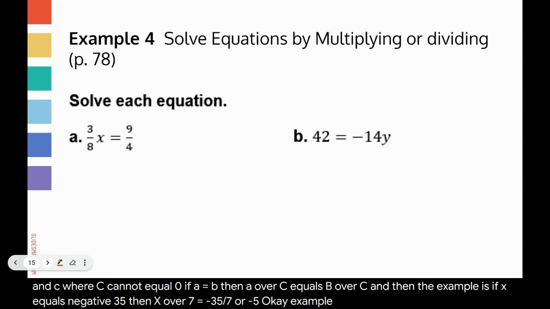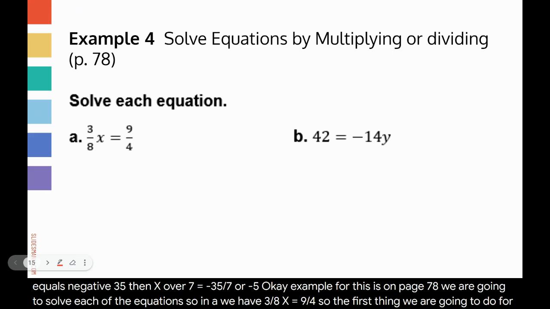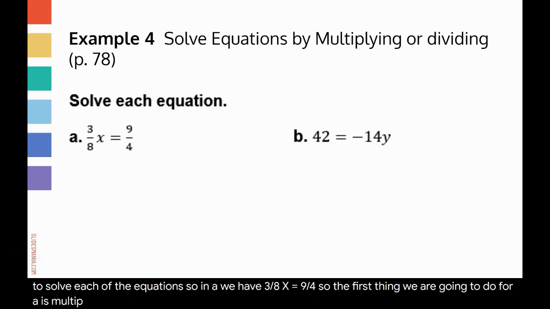Okay, example 4, this is on page 78. We are going to solve each of the equations. So in A, we have 3 over 8 x equals 9 over 4. So the first thing we are going to do for A is multiply by the reciprocal of the number in front of the x.